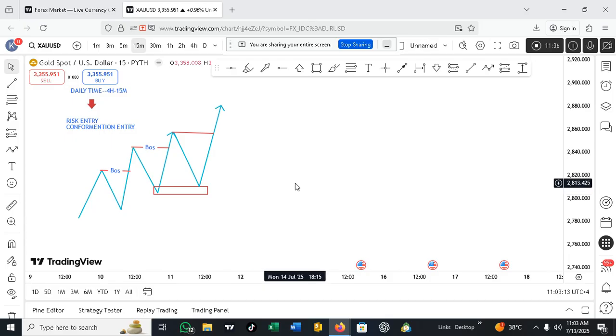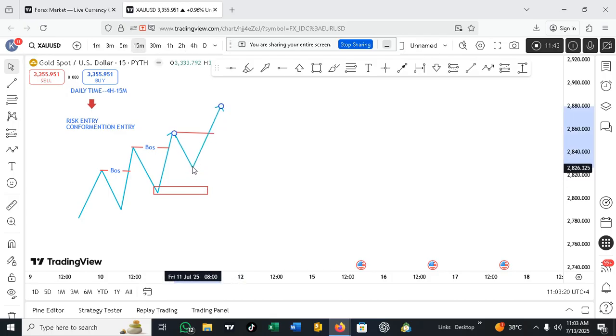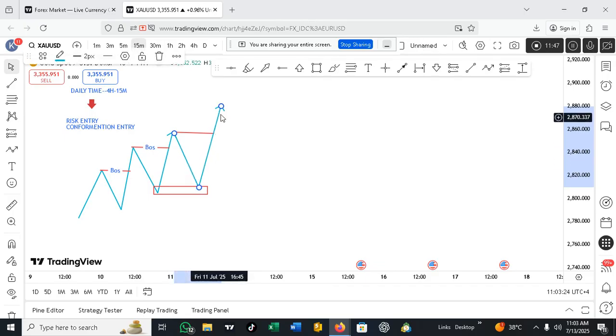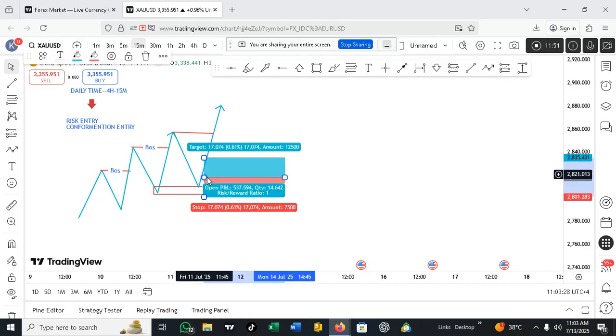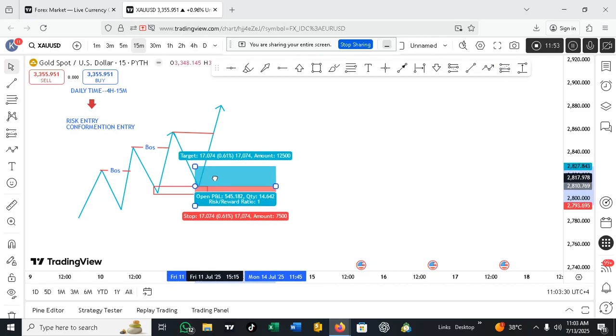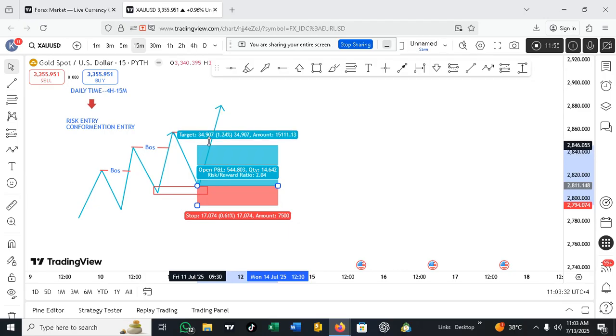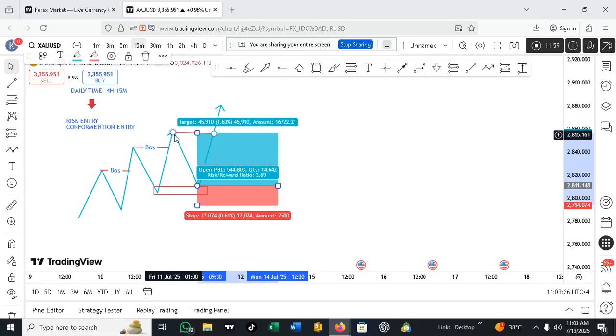Now, when I find a setup like this, I wait for my market to come and tap on this order block to give me this move as my point of entry. I place my stop loss here and I target this higher high.